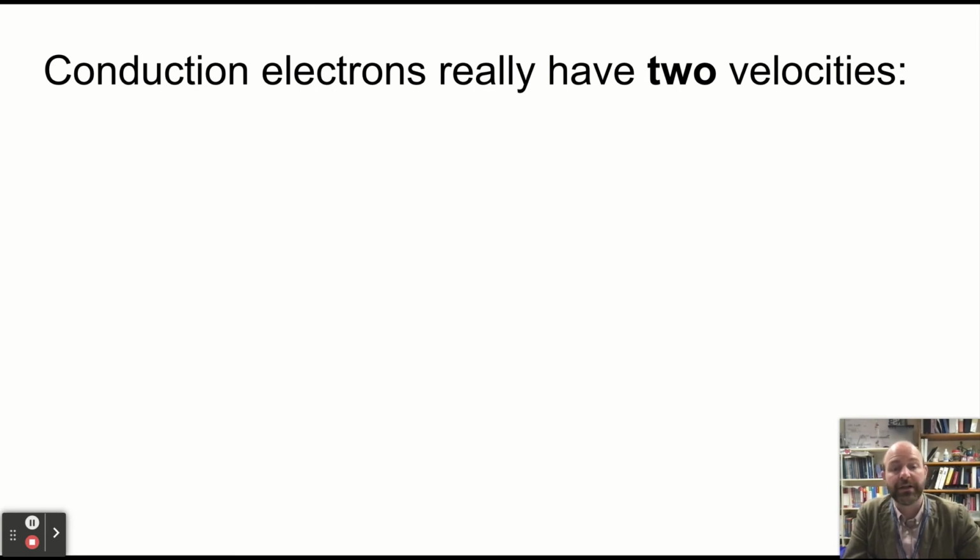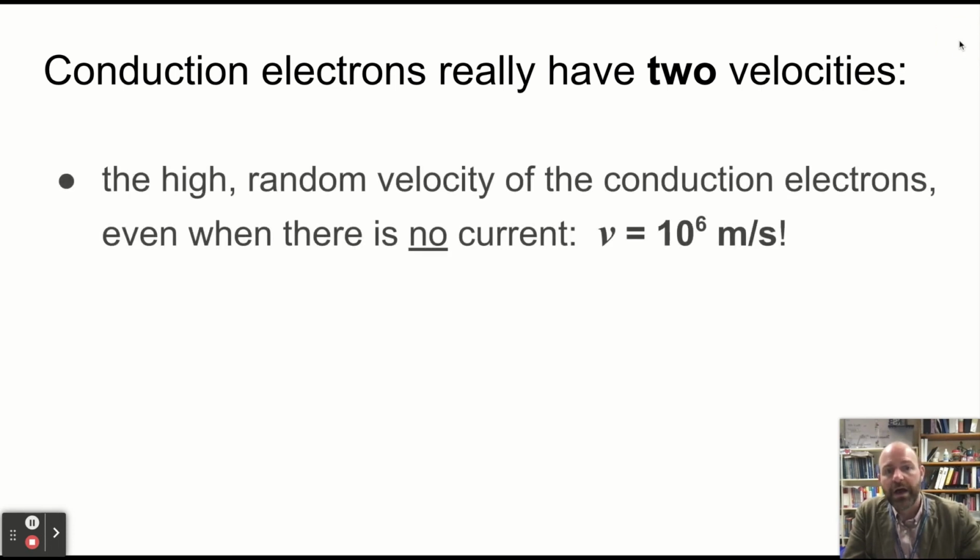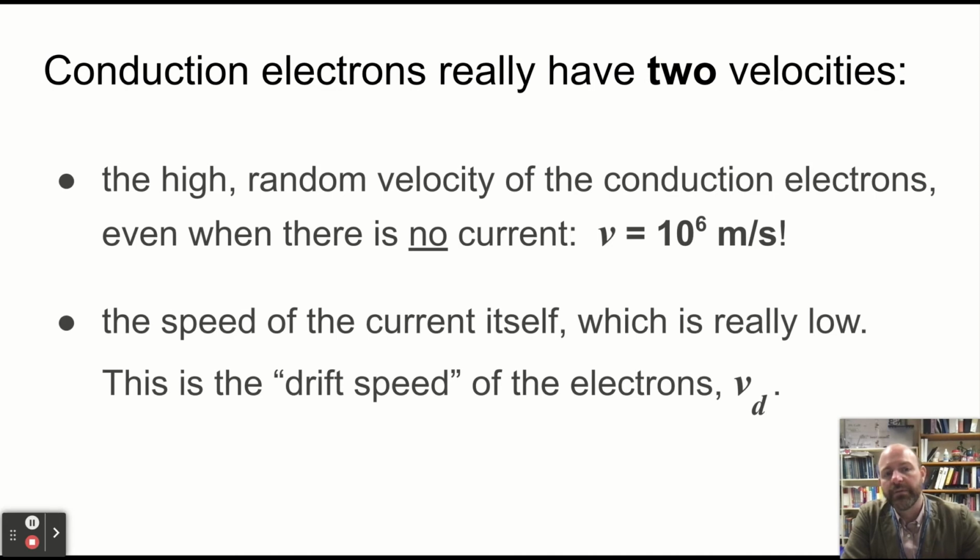They're the ones that are available to be moving around in a metal, in a conductor, to conduct electricity. Certainly some of them are more tightly bound to the molecules and can't do this. But there's a very high random velocity. This is like the soccer ball kick, it's bouncing around. Even when there's no current, we find that in a metal, around 10 to the 6 meters per second is how fast a conduction electron is moving at any given moment, on average.